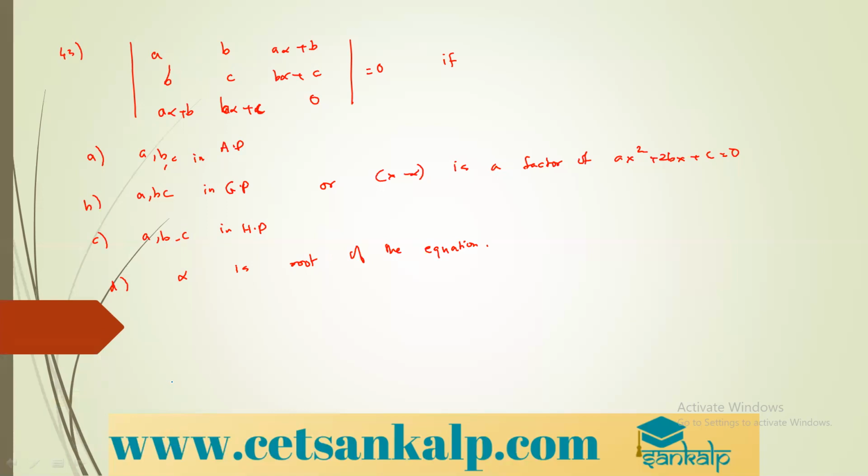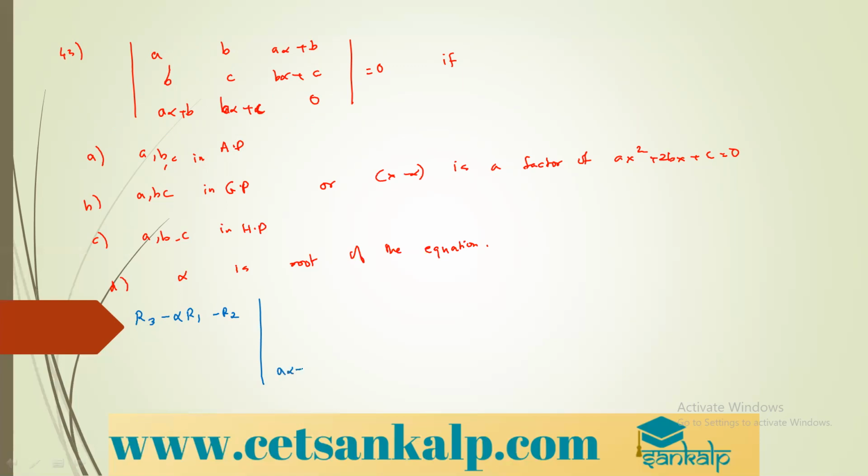So first of all, we will take the determinant equal to 0 and we will apply an operation on it. The operation we can apply is from R3, we will subtract R1 multiplied by alpha, and we will subtract R2 also. So basically R3 will change.